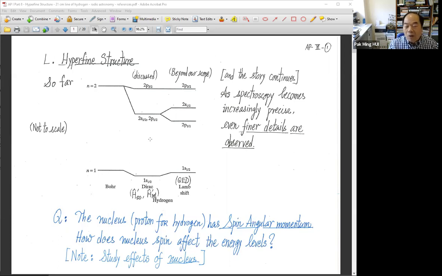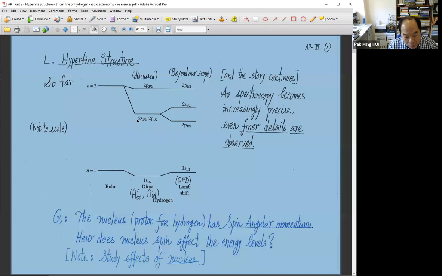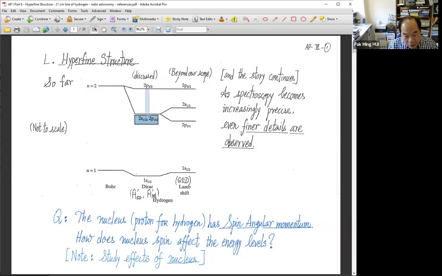So, what we have up to this point without hyperfine structure, we have discussed n equals 2, we have 2s, 2p, but with fine structure, the splitting depends on n and j. So we have this 3/2, and we have two possibilities of 1/2, coming from s and p. 0 plus 1/2 is 1/2, 1 minus 1/2 is 1/2. So these two are of the same energy, and this is the fine structure.